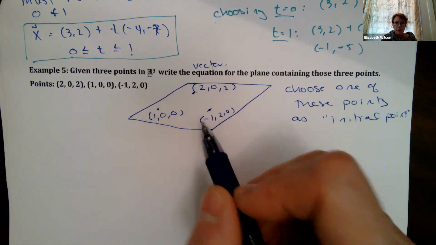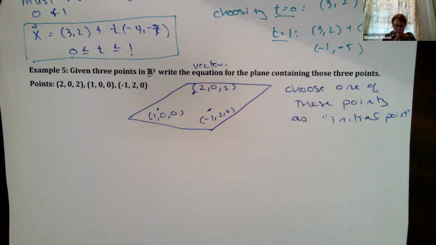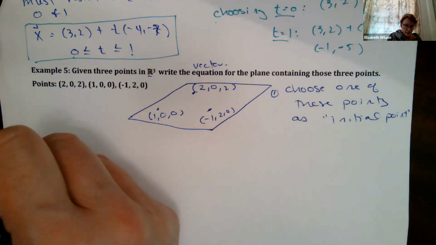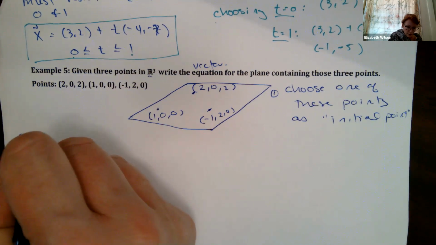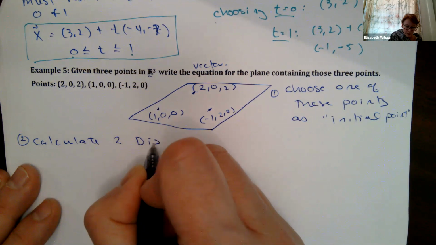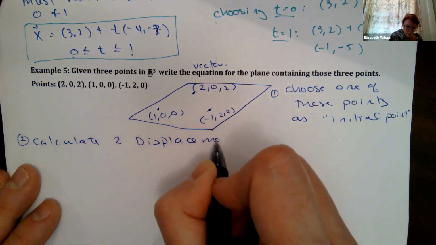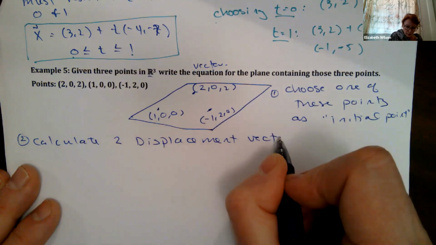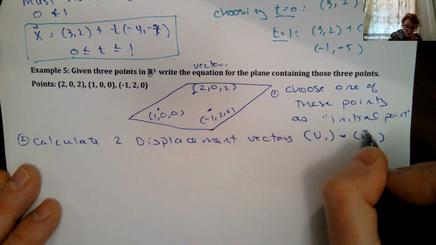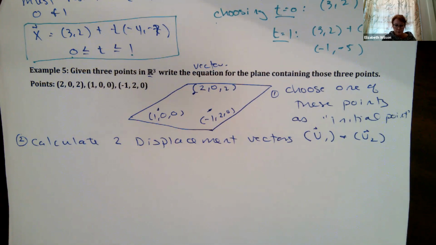V1 and V2 are going to become displacement vectors between these pairs of points here. Okay, so that's that one. And then our second step is we're going to calculate 2 displacement vectors. And this will become V1 and V2. Okay. And that's why I need to choose one of these as the initial point.